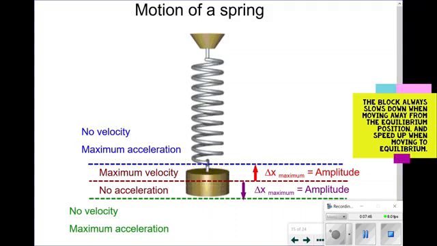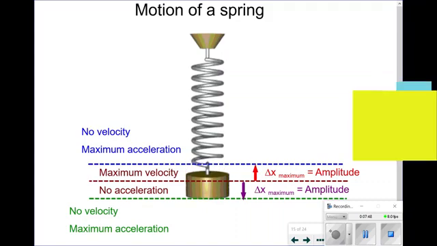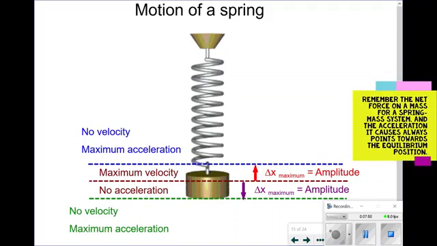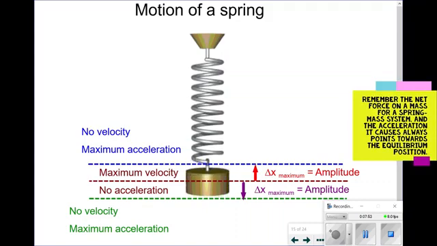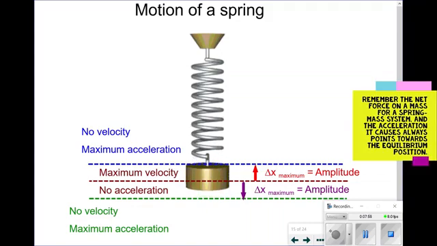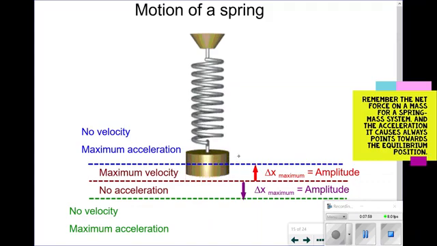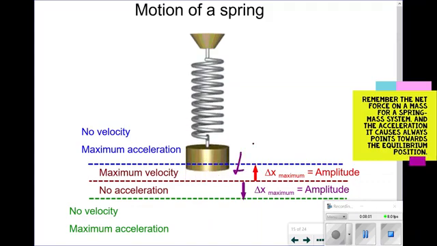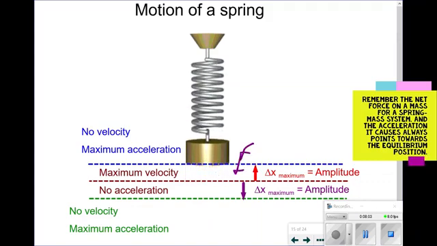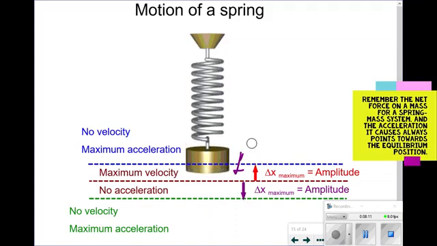it passes equilibrium. This makes sense because the force of the spring, the net force of the system, points towards equilibrium. So when my spring is above equilibrium like it is now, there's a force pulling it downward, causing the spring to slow down, stop, and then return. But since the force is there, the spring will constantly accelerate.